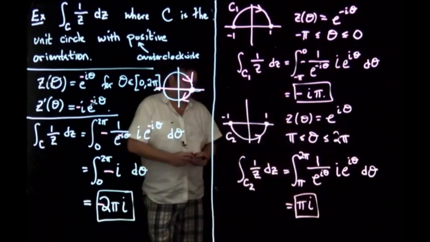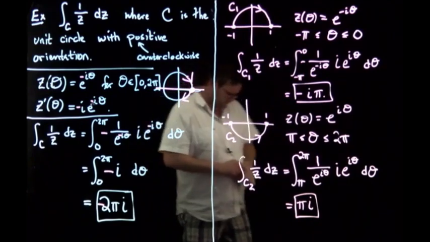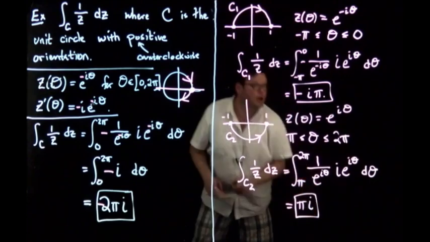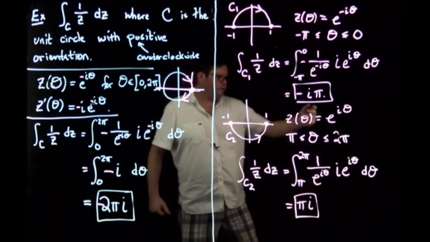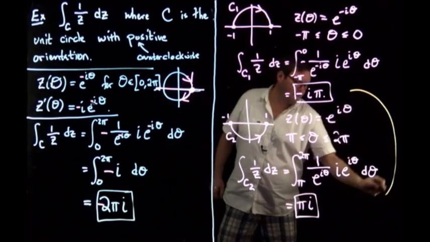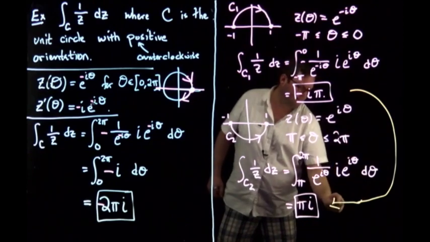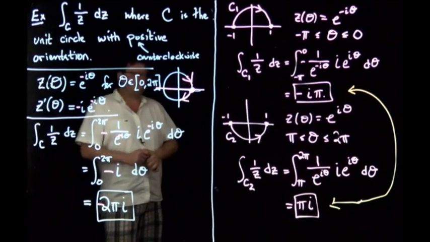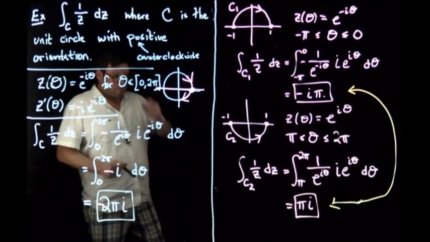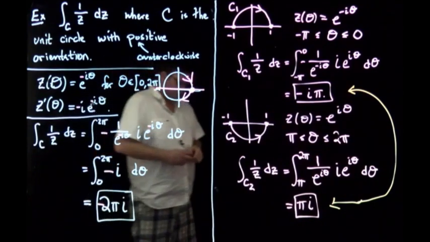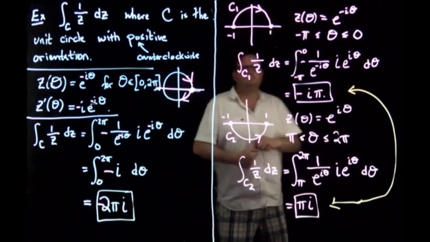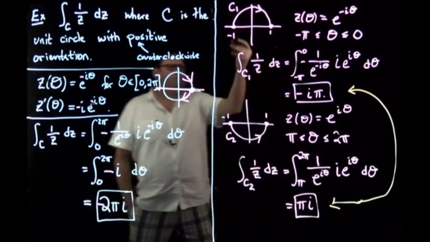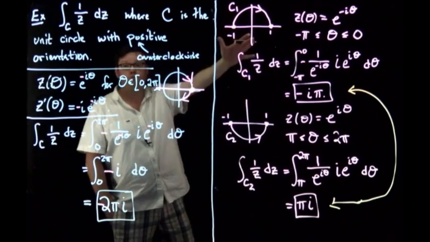So we get pi i. So the important thing to notice here is that these two answers are not the same. In fact, they're opposites of each other, even though we're integrating, in both cases, from -1 to 1.